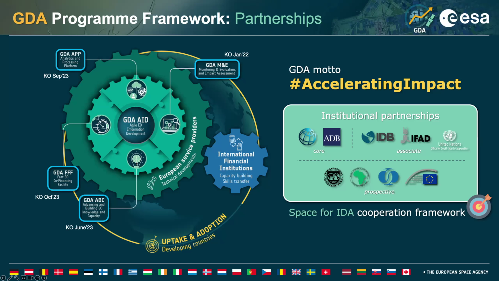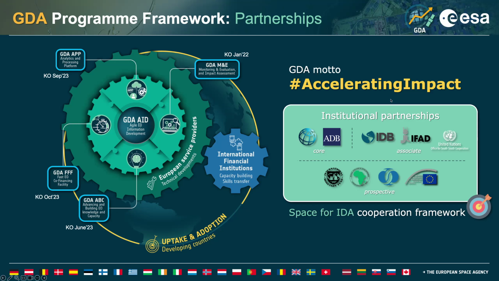And two of these are very much connected to the content that you will hear today. So the monitoring and evaluation and impact assessment activities, and also the component dedicated to develop knowledge, providing capacity building and communication. All of this is done with the support of the European service providers in collaboration with international financial institutions, with the idea to work together with developing countries for their uptake and adoption of EO technologies.